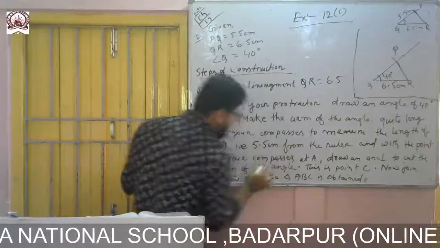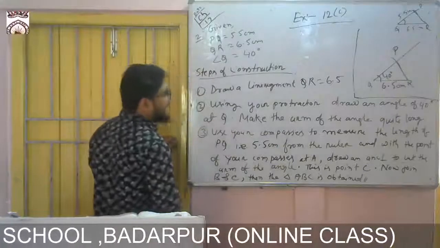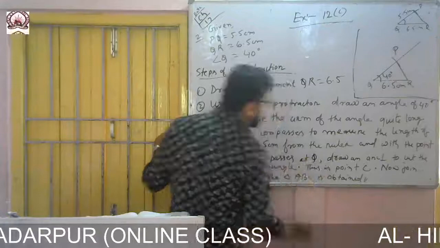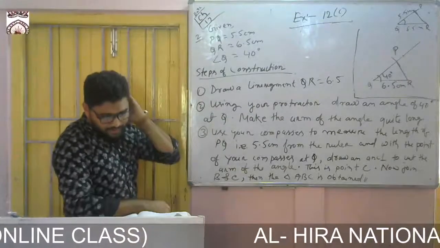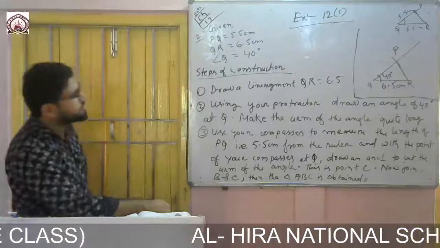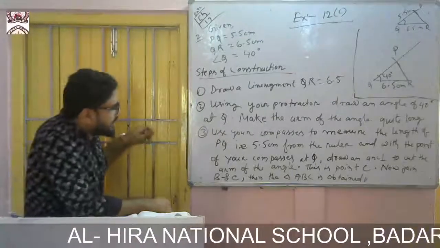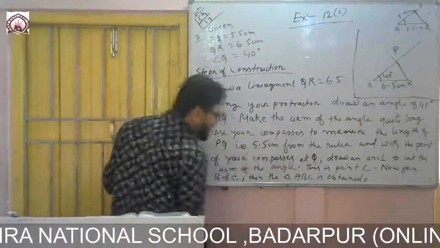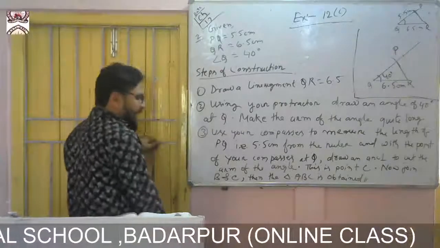Measure 5.5 centimeter from the ruler, with the point of your compasses at Q. At Q, draw an arc to cut the arm of the angle.